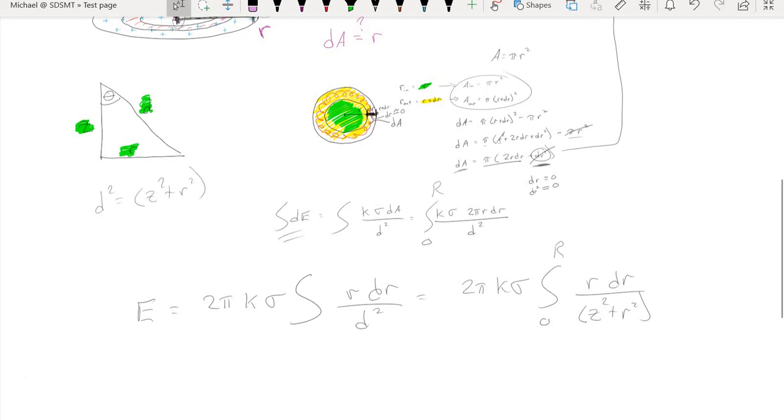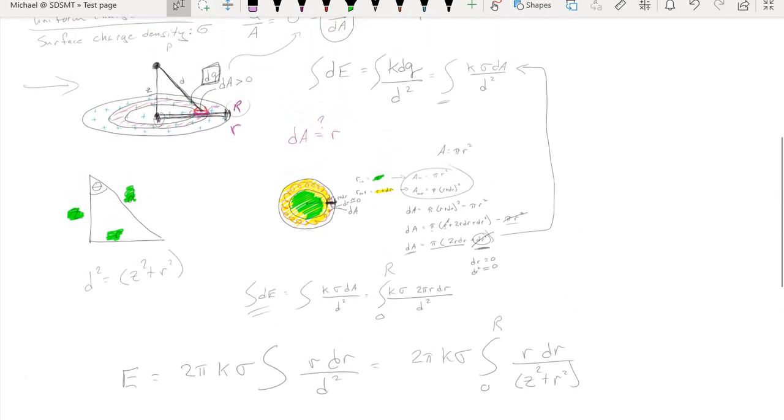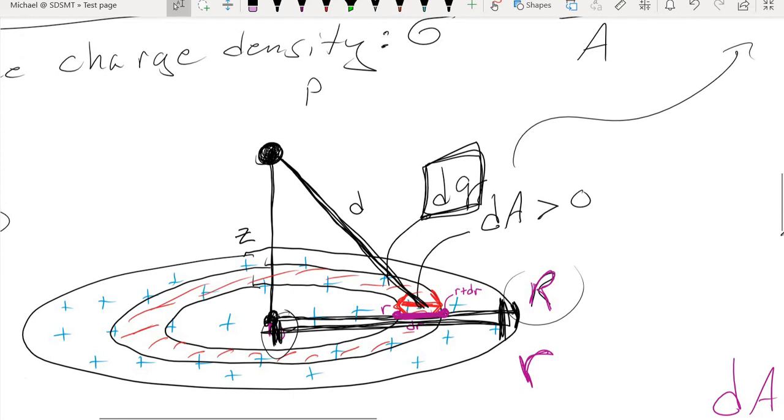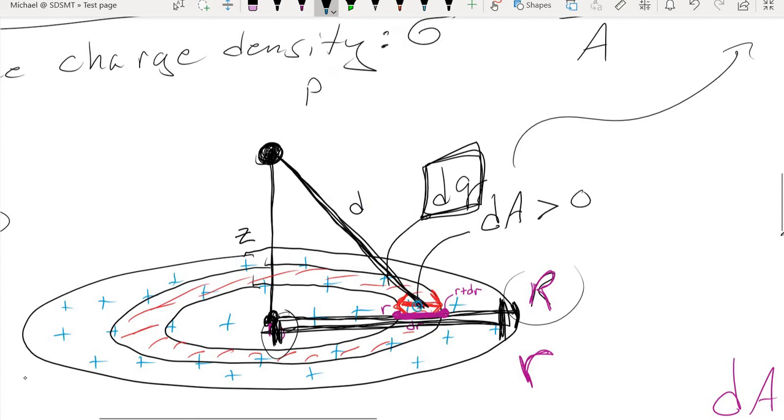And we're just about ready to jump in and evaluate the integral here, except if you remember with the ring, because of the symmetry of the ring system, we have that evil twin effect going on, where a charge right here will send an electric field up to that point, and it will have an evil twin over here on the other side, sending an electric field line up.